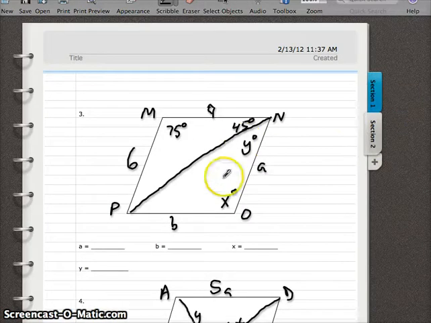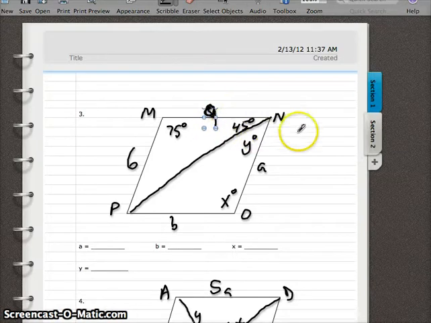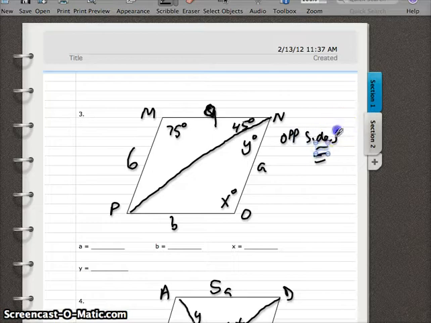Let's see if we can practice that on this next one here. What do we got here? So this is supposed to be a 9 here, so just fill that in. So this side is 9 units long, let's say. Well, we know that opposite sides are congruent, right?